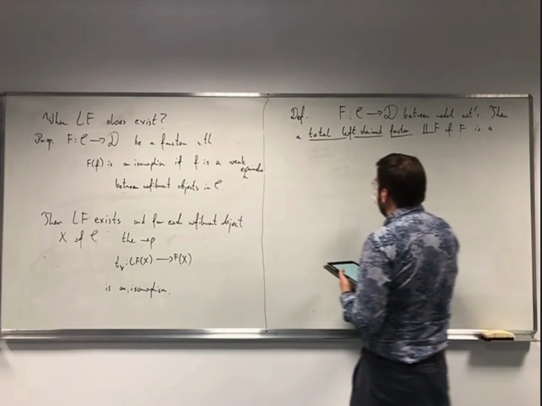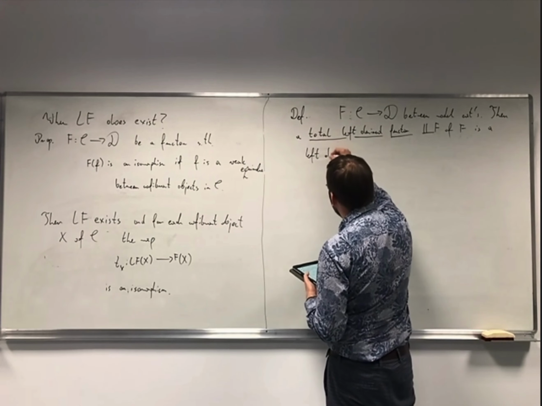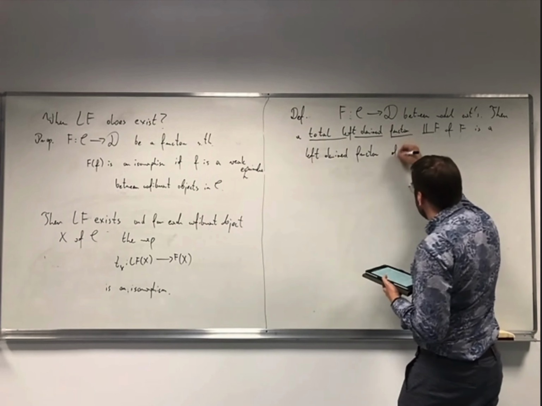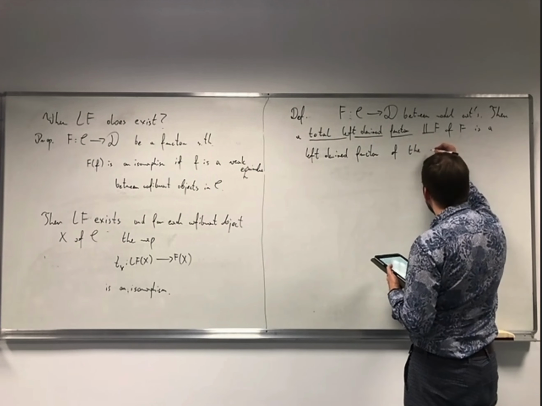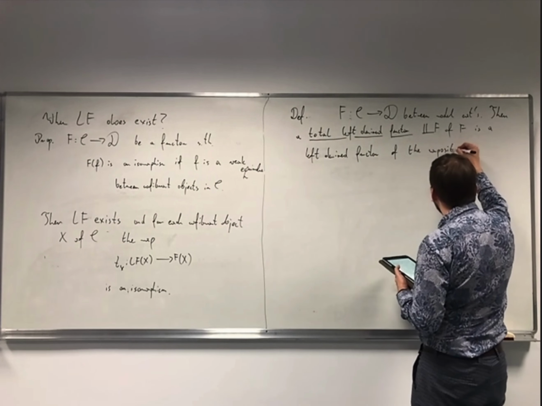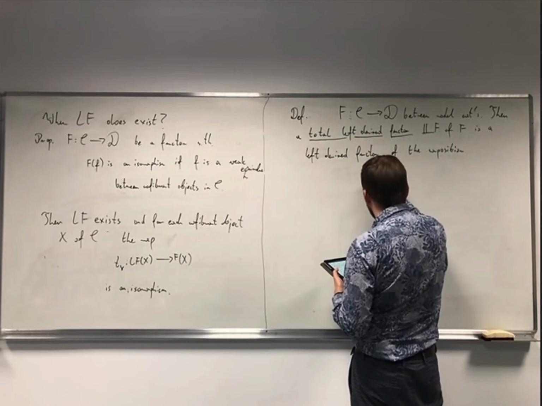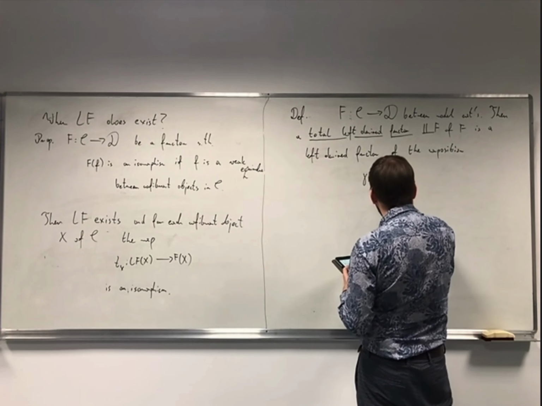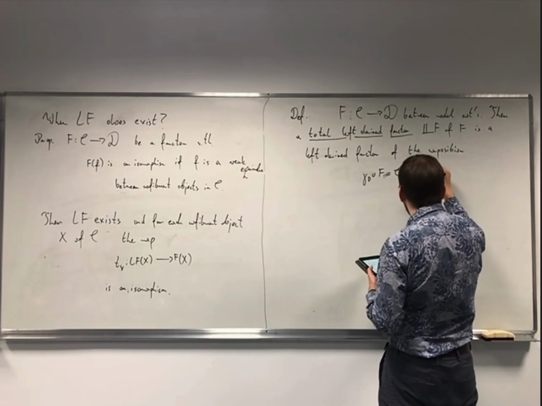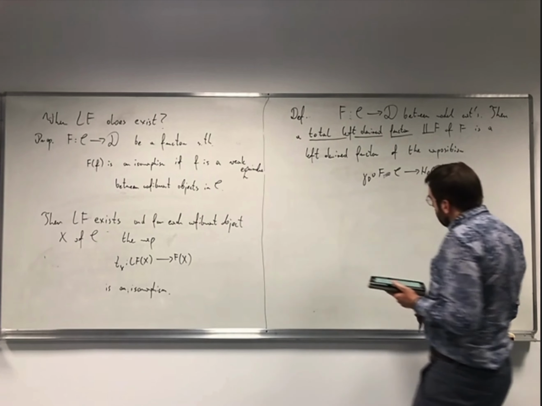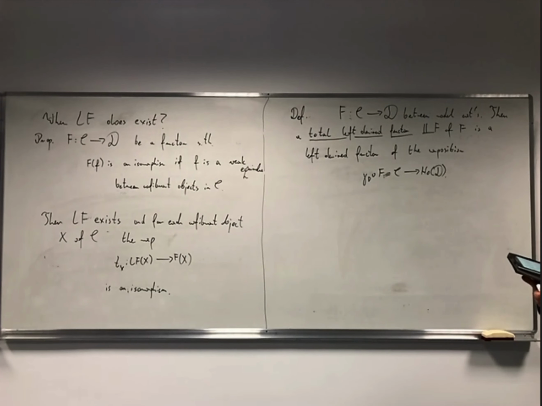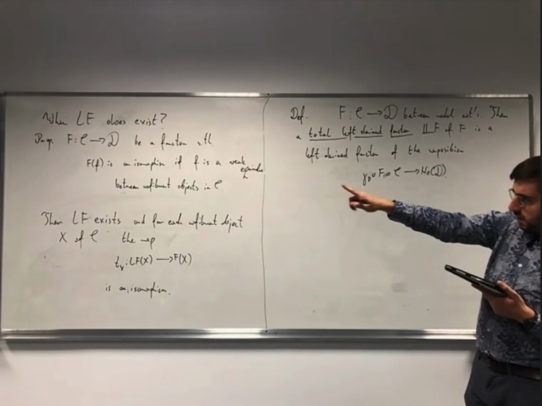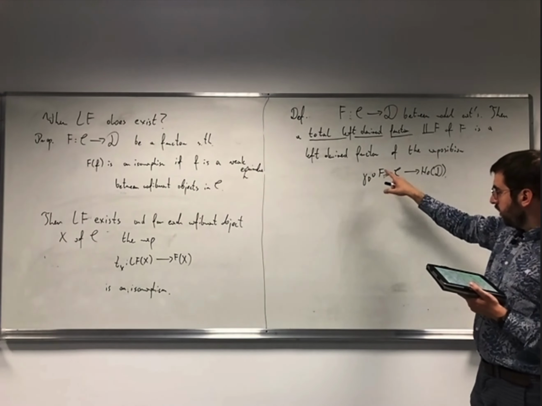So this is a left derived functor of the composition gamma D composed with F, which goes from C to the homotopy category of D. So in order to obtain the total left derived functor of F, we need to take the left derived functor, in the sense of the definition up there, of this functor.